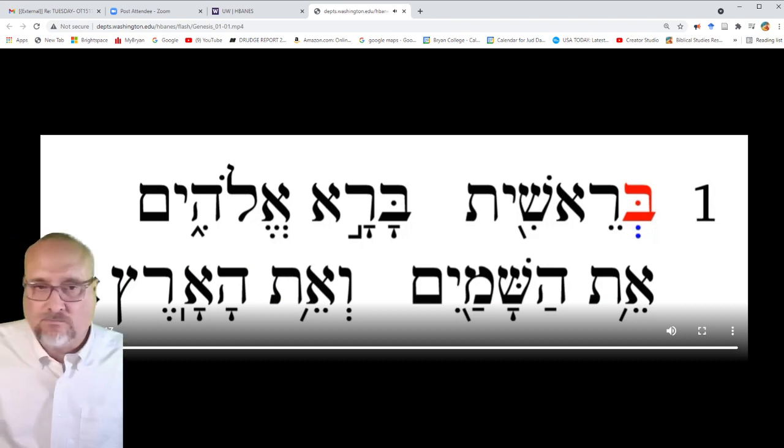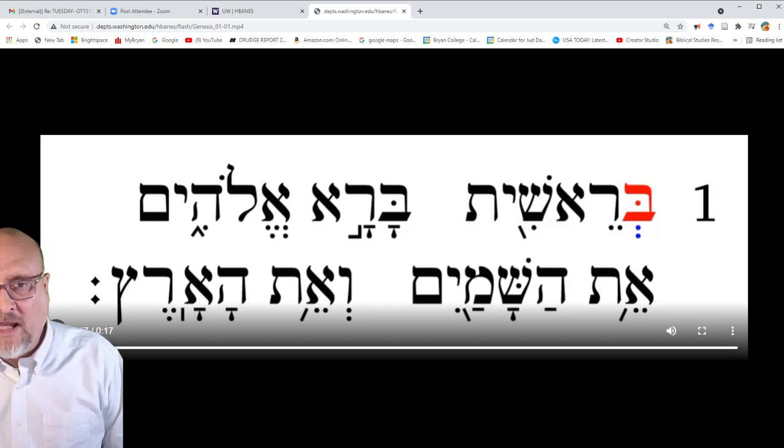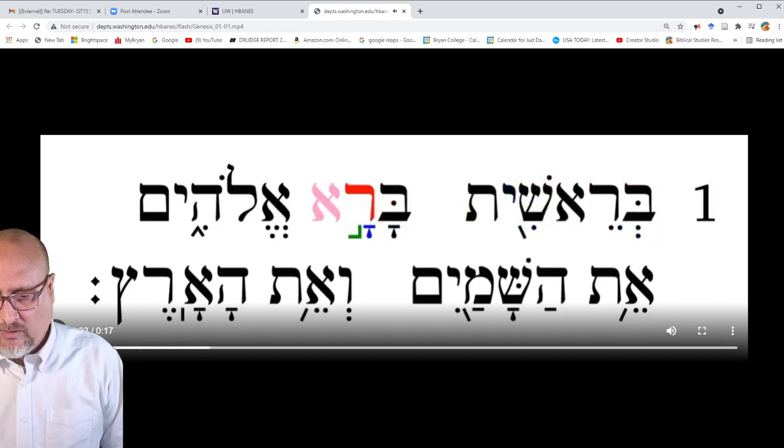So we got some weird stuff going on in that sentence. Do you see how there's some blue dots in that sentence? Bereshit bara Elohim et hashamayim ve'et haaretz.